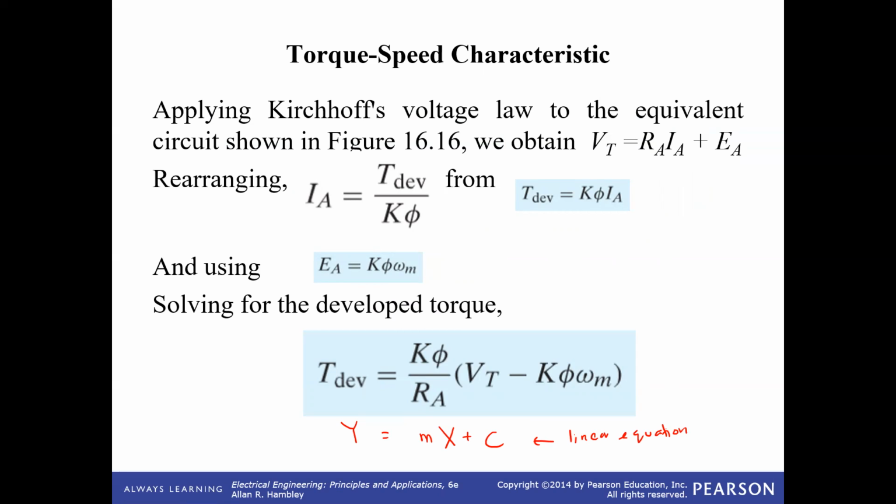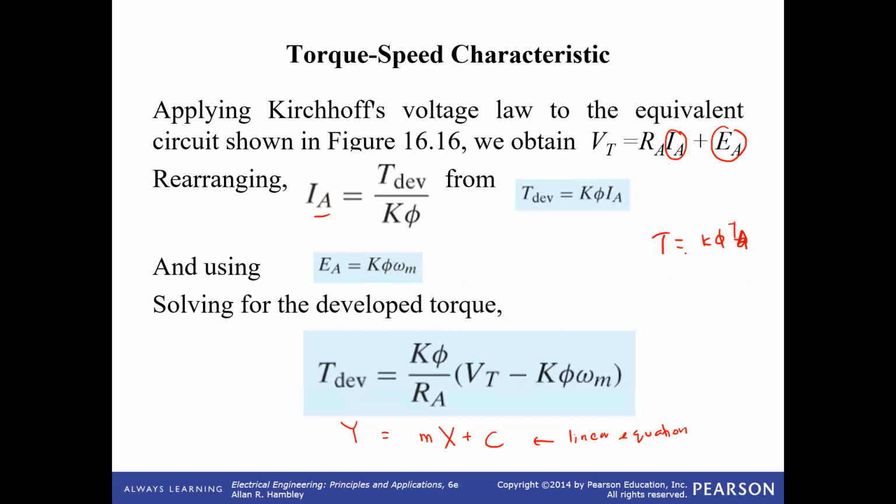We know that IA, from the equation of torque, T is equal to K flux IA, can be rearranged. Then using EA is equal to K flux omega M, we substitute both IA and EA into this equation.